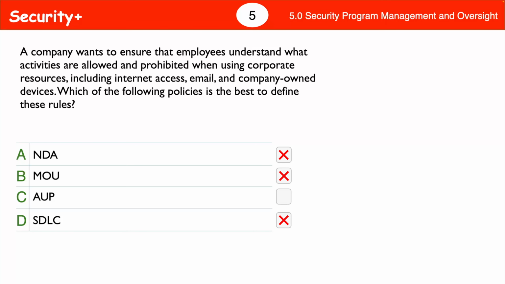That's going to be a non-disclosure agreement, and that is used to protect confidential information and prevent employees from disclosing sensitive information. So that leaves us with the answer, which is going to be C, AUP, which stands for Acceptable Use Policy. And that's going to be a policy that outlines the rules for using company resources, such as things like internet usage, email, and also devices.